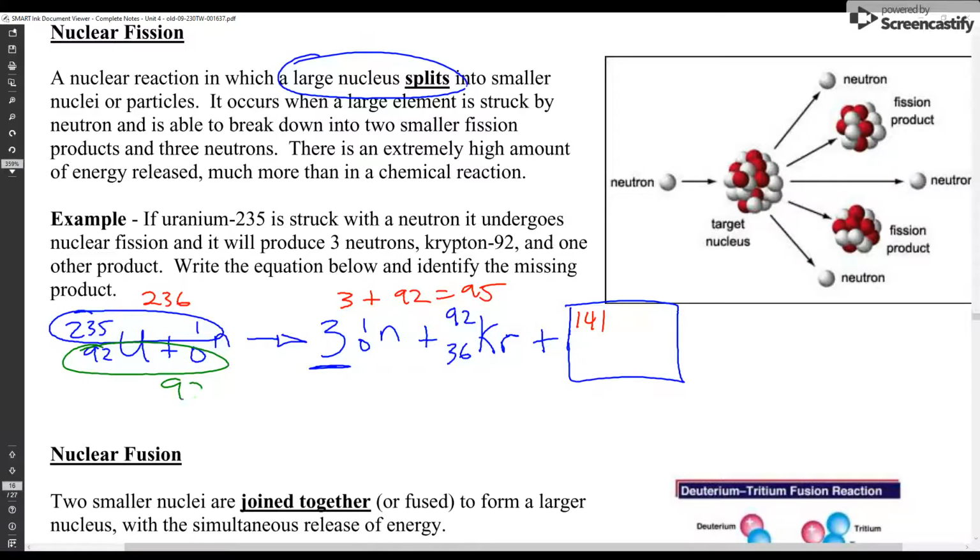I've got 92 totaled on the left side of the equation. 3 times 0 is just 0, plus 36 for my bottom value. So 92 minus 36 is what? 56. And I go to my periodic table, looking up atomic number 56, and that is barium. So my mystery substance for this one is barium.